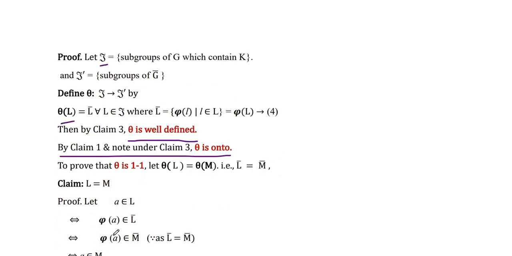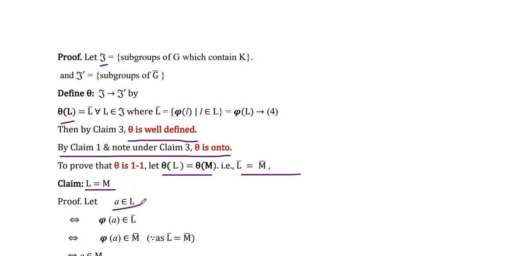Now to prove that theta is one to one, we will assume the images to be equal and establish that the pre-images are equal. So theta of L equals theta of M is assumed, that is L bar equals M bar. Now we will prove that L is contained in M and M is contained in L, so that L equals M, and then theta is one to one. That's our aim.